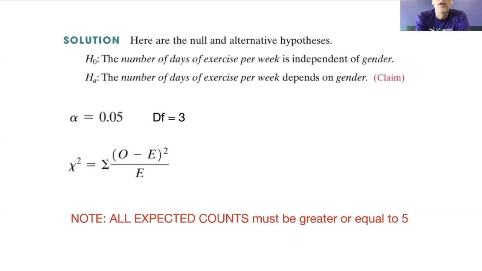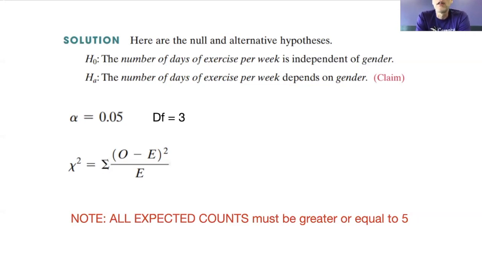We're going to start, as we always do with any test, with a null hypothesis and an alternative hypothesis. With this type of test, the null hypothesis is always that the variables are independent of each other, or in this case, that the number of days of exercise per week is independent of gender.